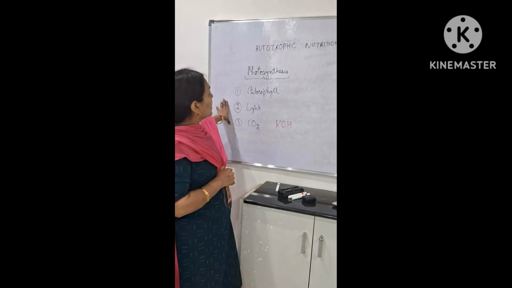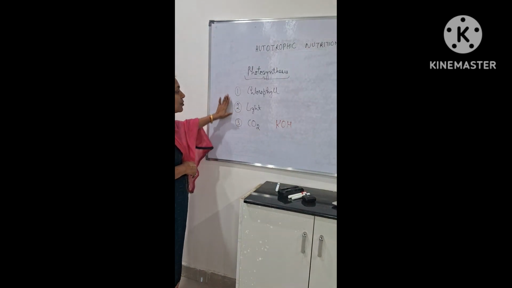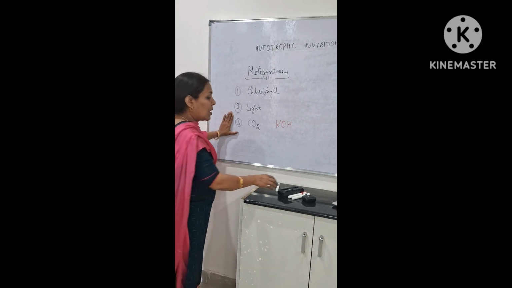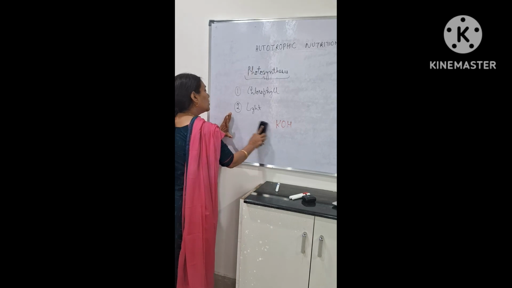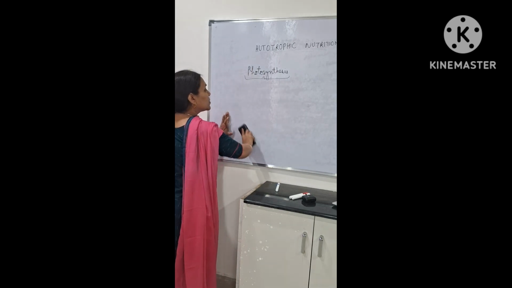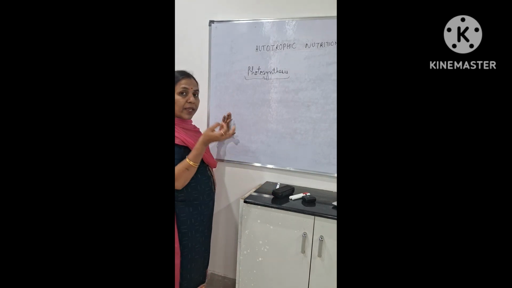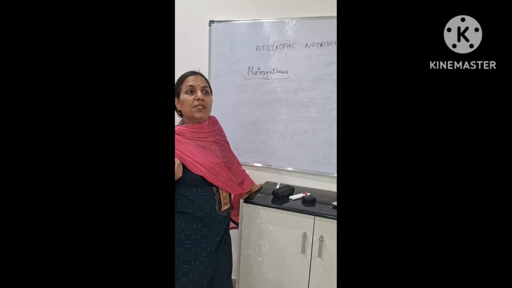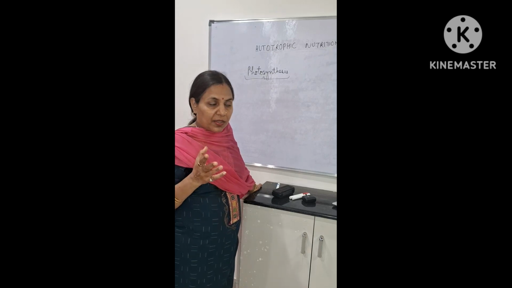Now these are the requirements of photosynthesis: chlorophyll, light and carbon dioxide, without which photosynthesis will not occur. Now we come on to the part of the leaf which is responsible for taking in of carbon dioxide, because we know chlorophyll is present in the chloroplast in the cells of leaf.